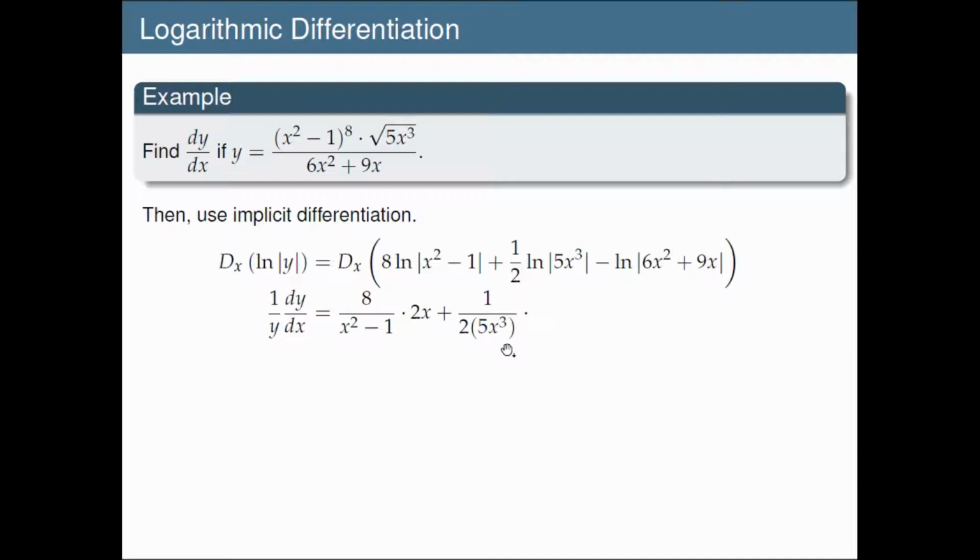And then we multiply by the derivative of 5x cubed, 15x squared. Minus derivative nito. This is 1 over 6x squared plus 9x times derivative ng 6x squared plus 9x, that is 12x plus 9.